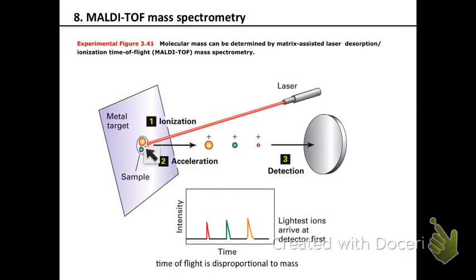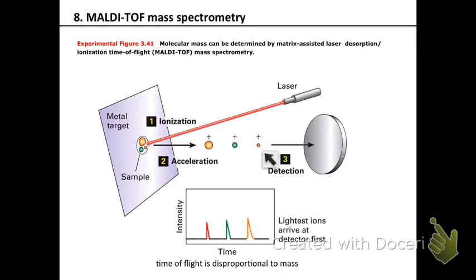And then you use a magnetic field to accelerate these peptides from the plate to the detector, right? So these peptides are going to strike this detector. And the field is such that the smaller peptides are going to fly faster. They're going to run through this faster, which is called time of flight, right?